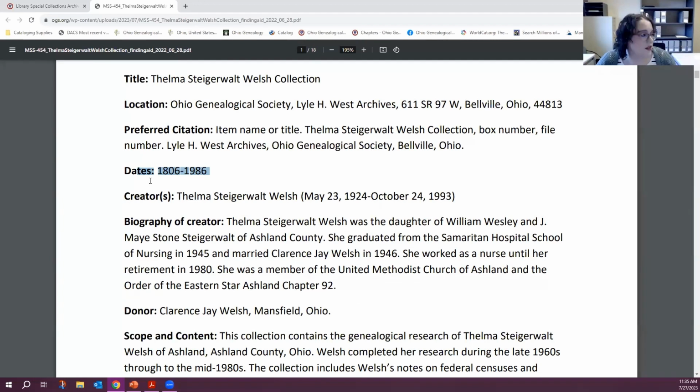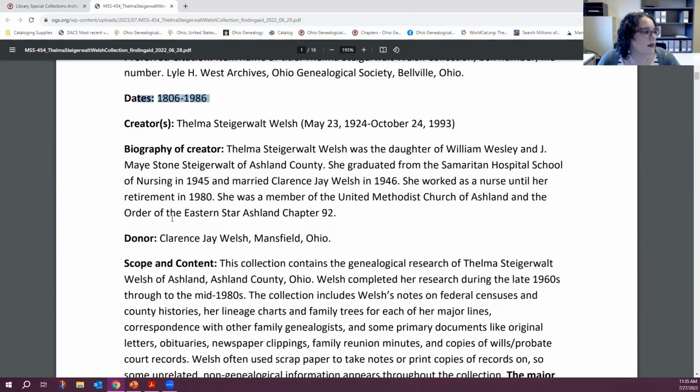So the earliest piece of dated material in Thelma Welsh's collection is 1806, and the last piece of dated material in her collection is 1986. It's probably a letter. So quite a wide range, but if you were looking for an ancestor in 1650, Thelma's collection might not help you for that specific ancestor. So something to keep in mind.